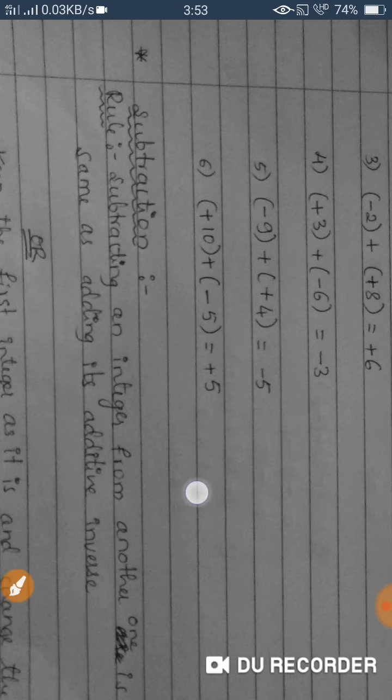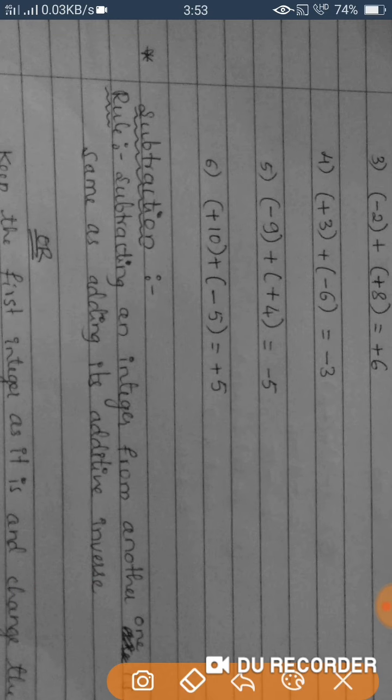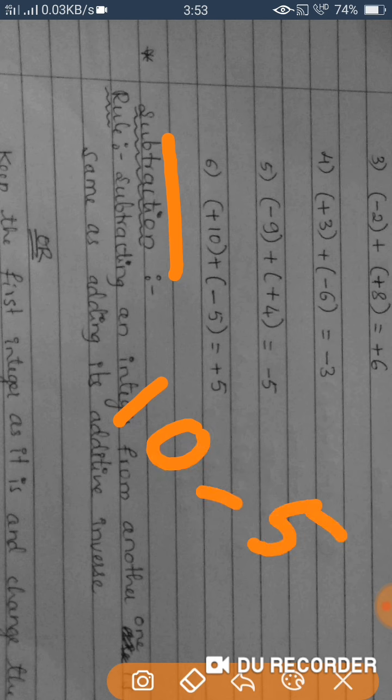Understood? Then again, next example, you can consider the sixth one. Plus 10 plus of minus 5. So what is the answer? Just now I said when opposite sign integers are there, take the difference first. That means 10 minus 5, how much difference? 5 is the difference, but the sign is very important in integers.